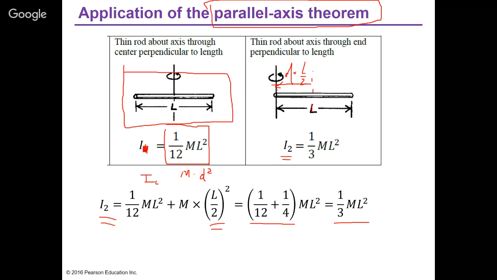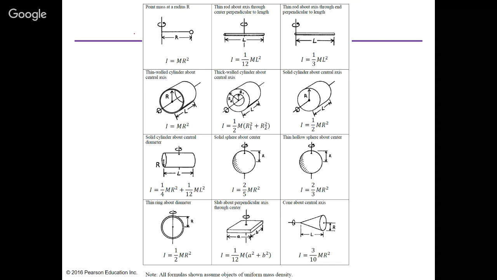Then when you move it around, you simply use the parallel axis theorem to give you the new answer rather than redoing the integration. Here's a little chart of different shapes of rigid bodies and their moments of inertia. This is a very good reference place where you can look up the moment of inertia formula for a given shape of rigid body.